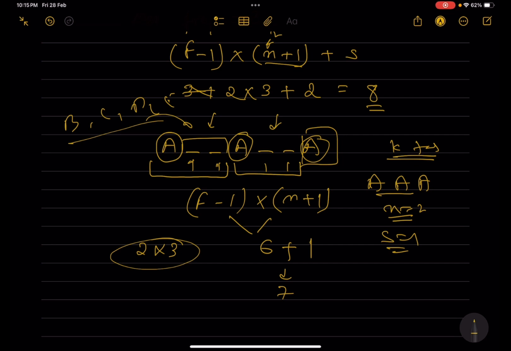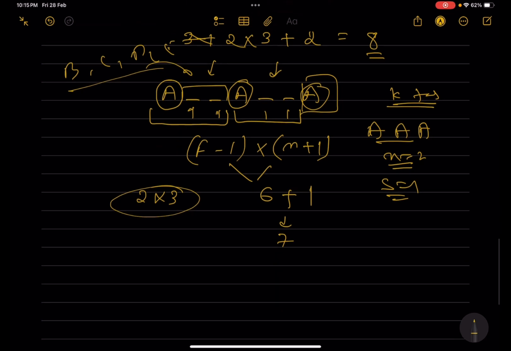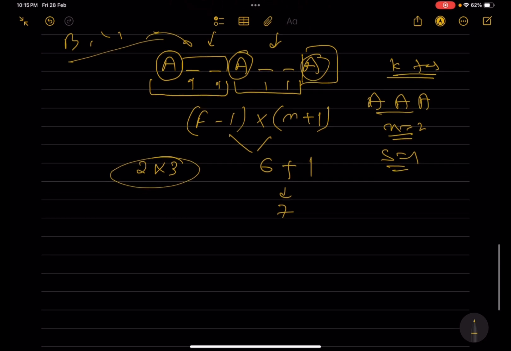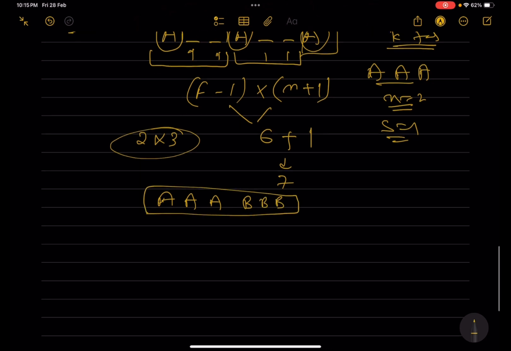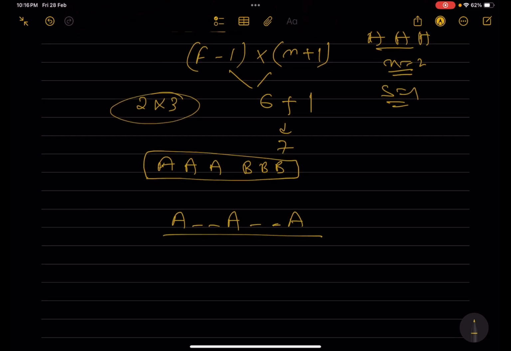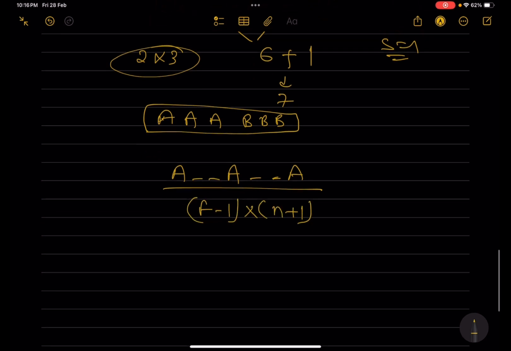Understand? Now why are we formulating it this way? Because let's say in the above question there were 3 A's and 3 B's. That calculation remains the same, that there are f minus 1 into n plus 1.